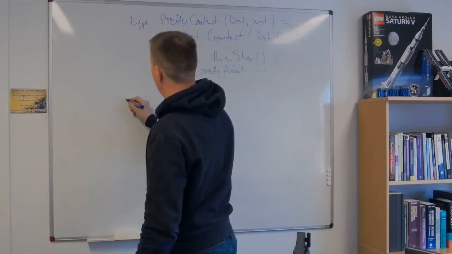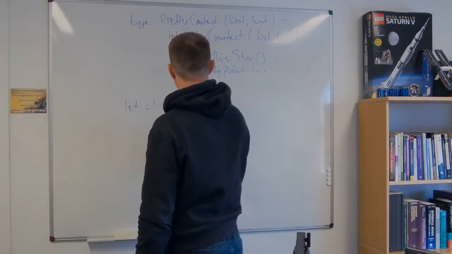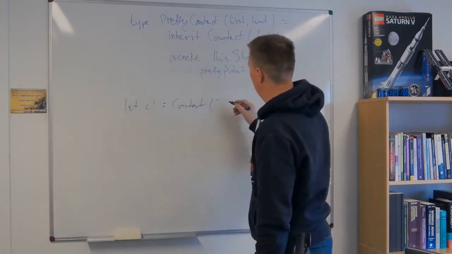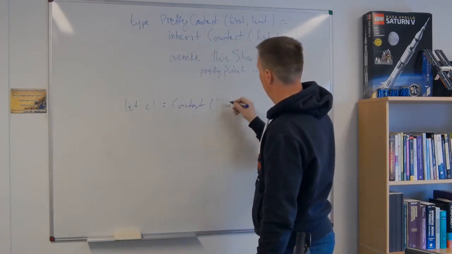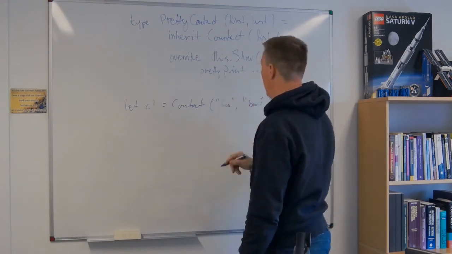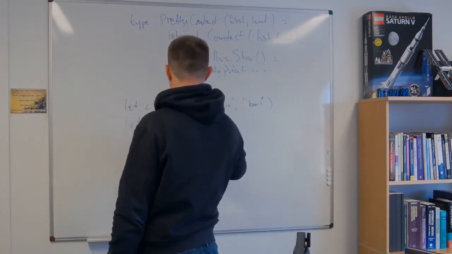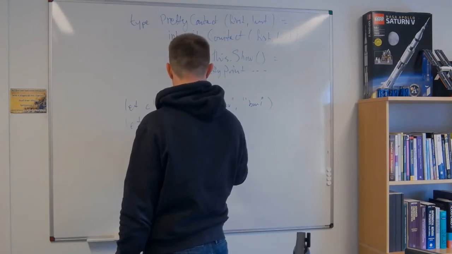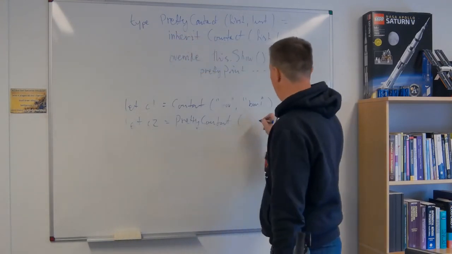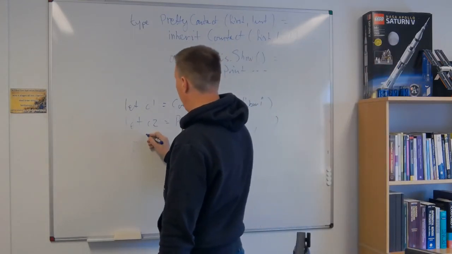I can say let contact1 equals contact bar, whatever, okay, and I can have a C2 equals pretty contact, and I can just give them the same arguments to those two.